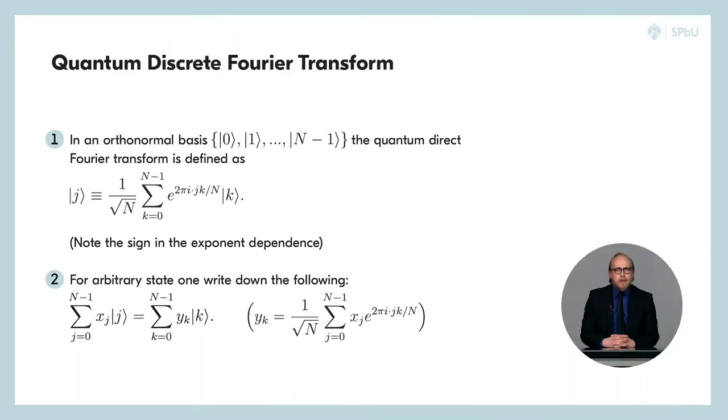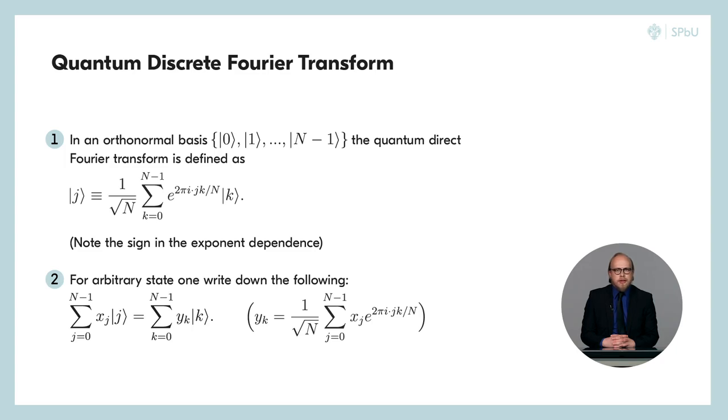So, in the orthonormal computational basis for n qubits, the quantum Fourier transform is defined as a linear operator acting on these basis states by the formula that you can see on the slide. Here i is the imaginary unit and k is the number of the corresponding basis state.